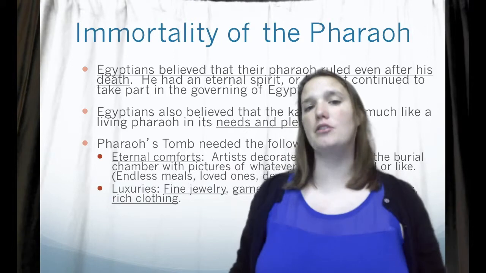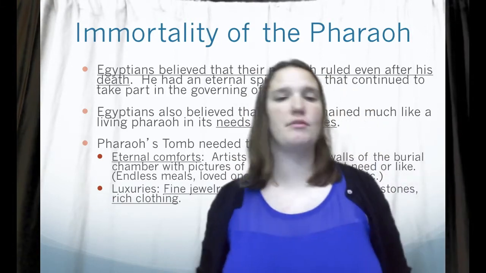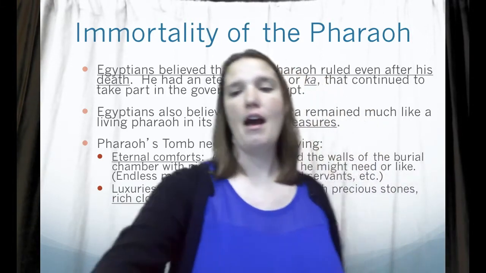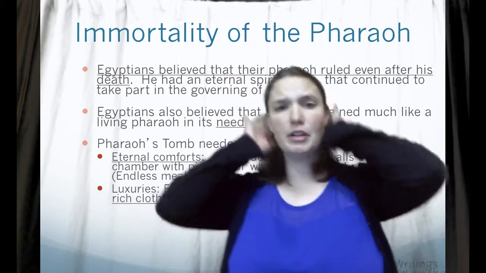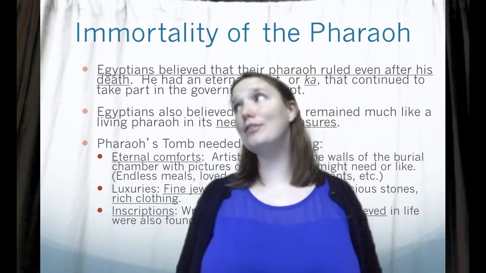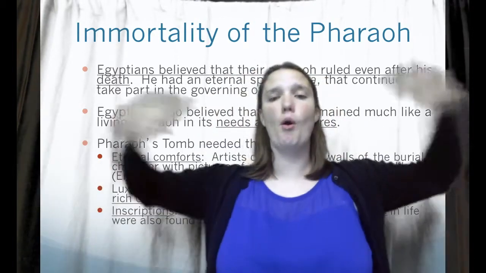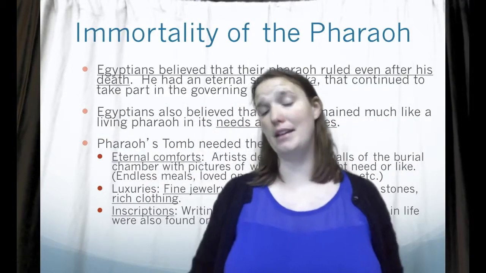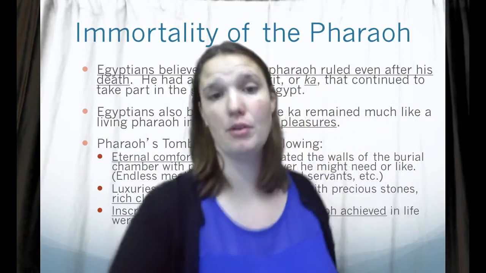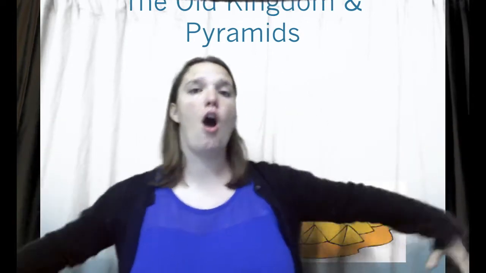They're going to need fine jewelry and board games and clothing. They're going to need inscriptions about how wonderful they are, written all around the tomb in case the pharaoh forgets in their afterlife how wonderful they were.